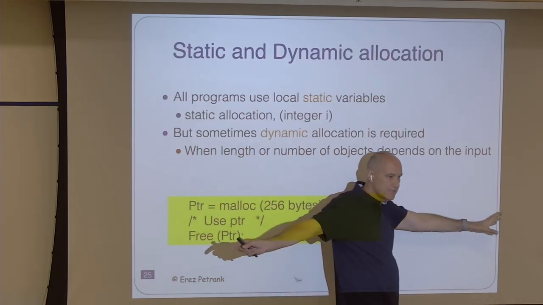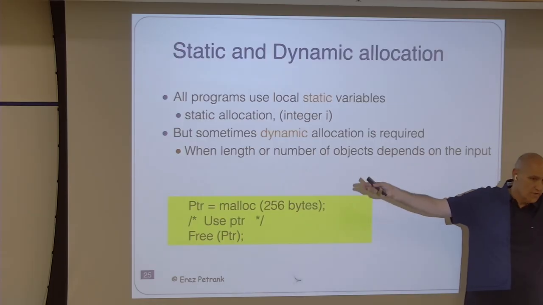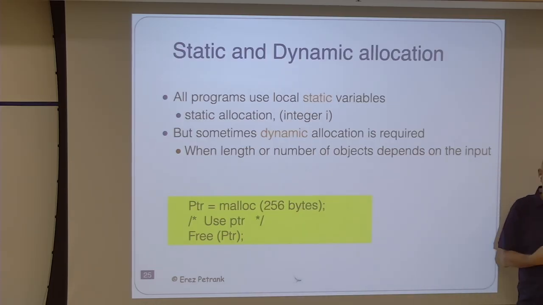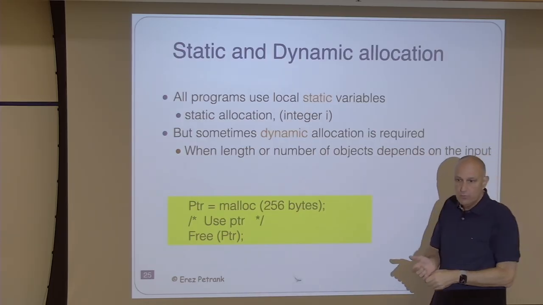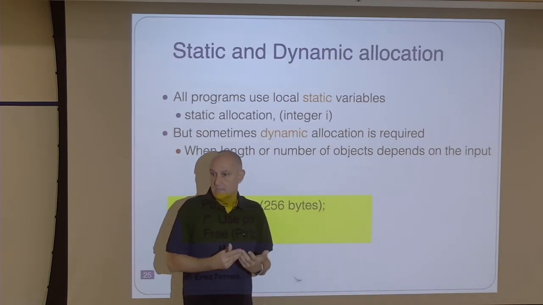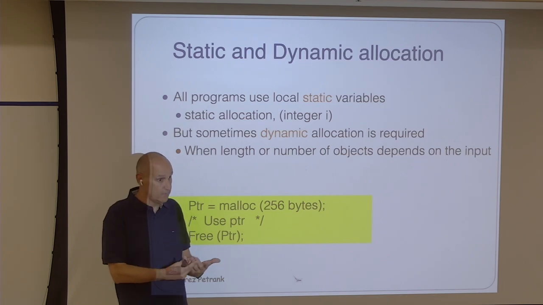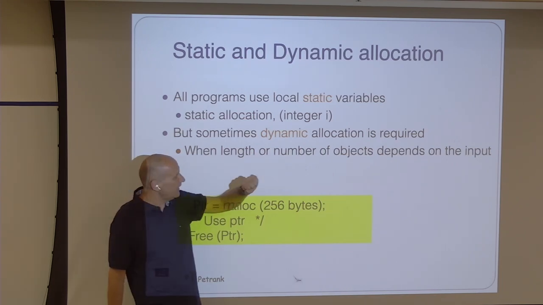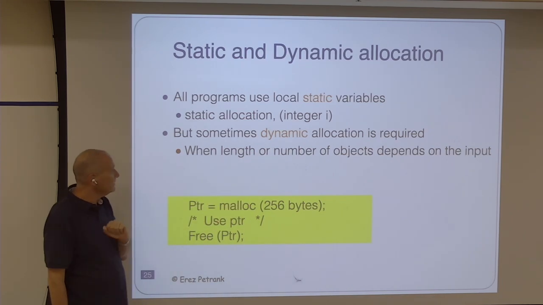You have a linked list, you have some nodes, and you don't know how many of them you're going to need. Maybe you'll need 2, maybe you'll need 1,000,000. So you don't want to commit statically in advance to how many there will be, and you want to dynamically allocate, and that's fine.